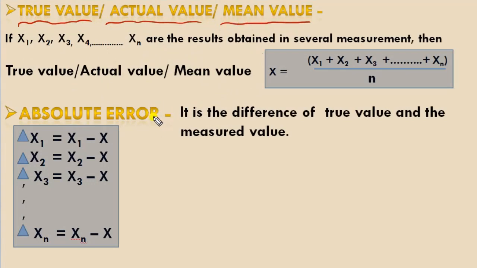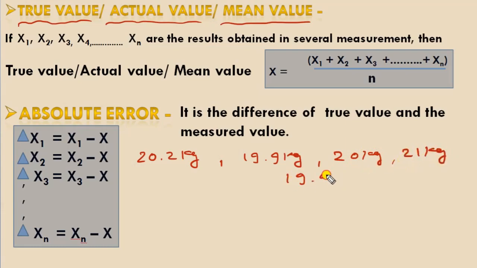It is simply the average of the successive measurements you are taking. Suppose while measuring a mass, the first time you got 20.2 kilogram, the second time 19.9 kilogram, the third time 20 kilogram, the fourth time 21 kilogram, and the fifth time 19.9 kilogram. Then the true value, or the actual value, or the mean value, all are the same.